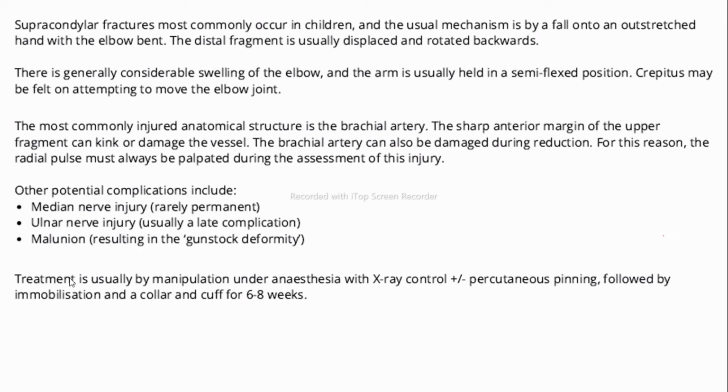Treatment here: manipulation under anesthesia with X-ray control, plus or minus percutaneous pinning, followed by immobilization, collar and cuff for how many weeks, guys? 6 to 8. Remember, 6 to 8. So if they give you a supracondylar fracture and say manipulation is already done under anesthesia, X-ray done and no complication, will you observe, admit, discharge, or immobilize? Collar and cuff for 6 to 8 weeks.